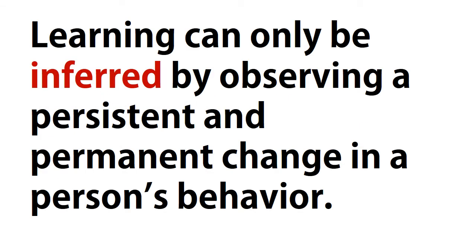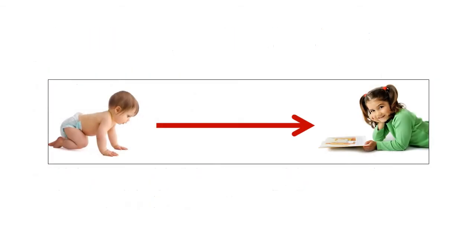And that is that learning can only be inferred by observing a persistent and permanent change in a person's behavior. Persistent being that you can invoke that behavior, or that behavior can be demonstrated regularly, so it becomes a permanent part of the brain structure. That's learning, and it can only be observed by observing. I mean, you can only tell somebody learned something by observing.